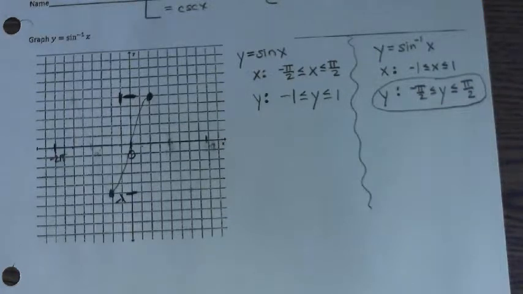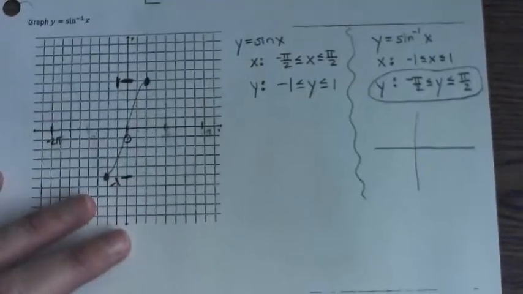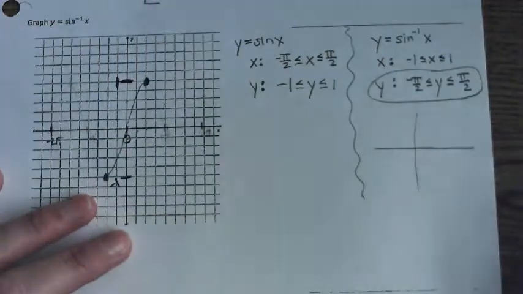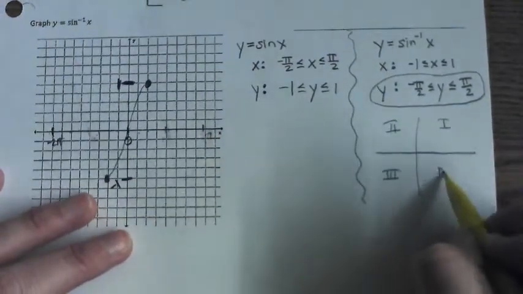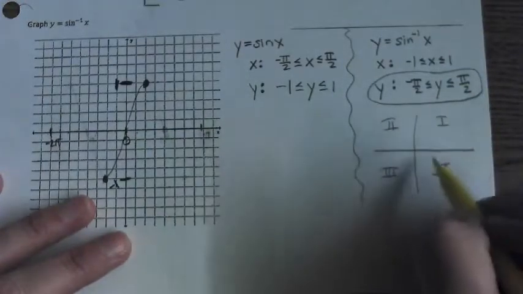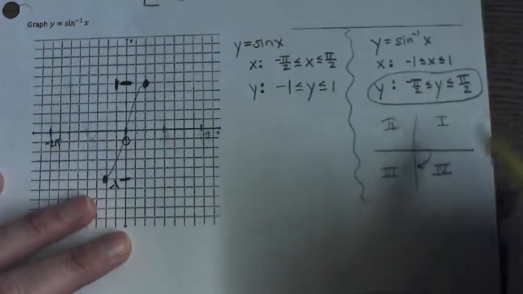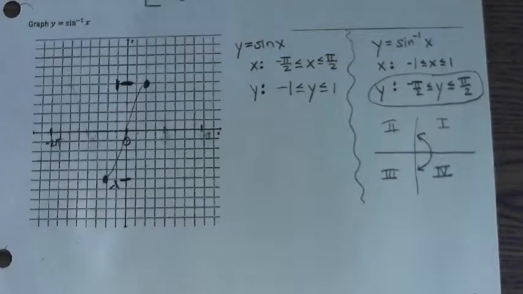When you're asked for the inverse sine of a number, your answer has to be between negative pi over 2 and pi over 2. What quadrants are those? One and not 3, between negative pi over 2, which is here, to positive pi over 2, which is here. Quadrants 1 or 4. Okay?